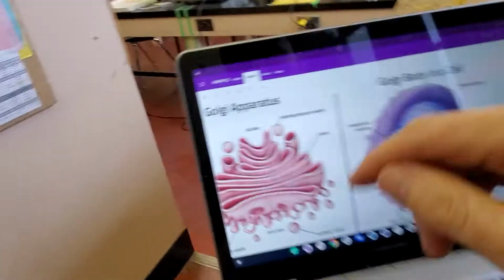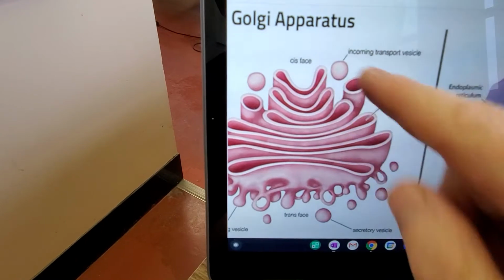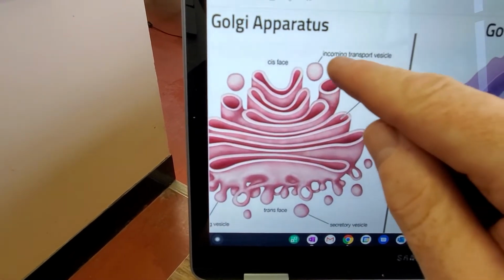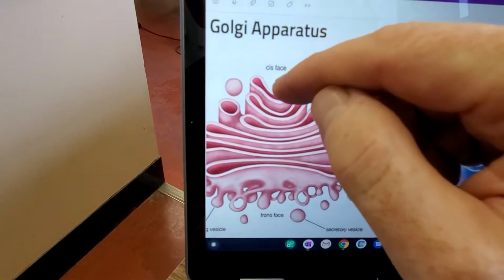What's inside those vesicles are enzymes that will now fold the proteins and start the final stages of assembly of those proteins and enzymes, combining them together to make functional enzymes and proteins, assembling the bits that are coming from the rough endoplasmic reticulum.